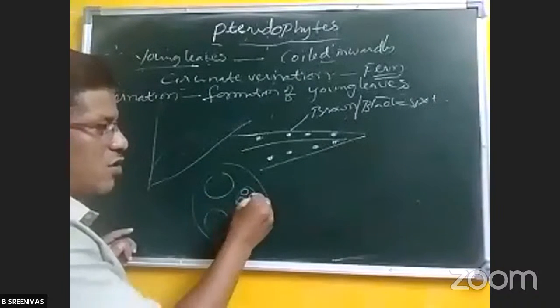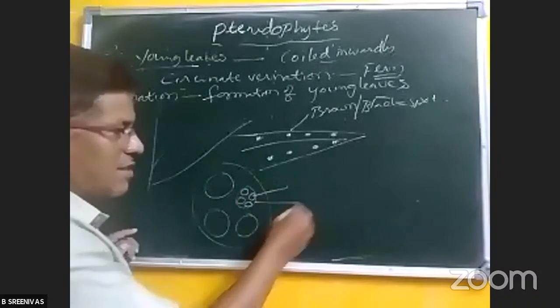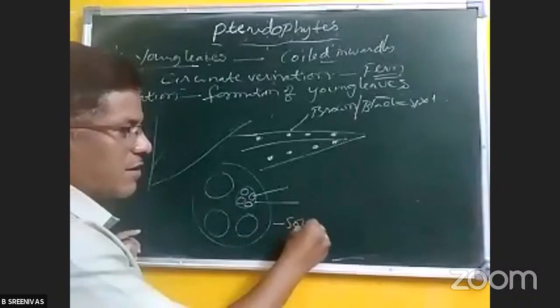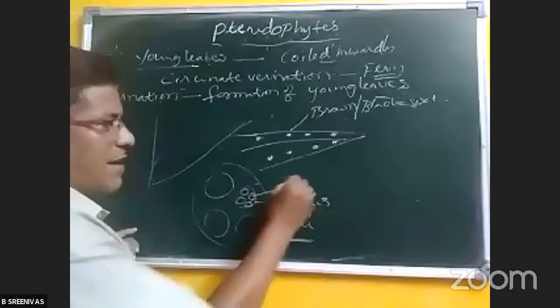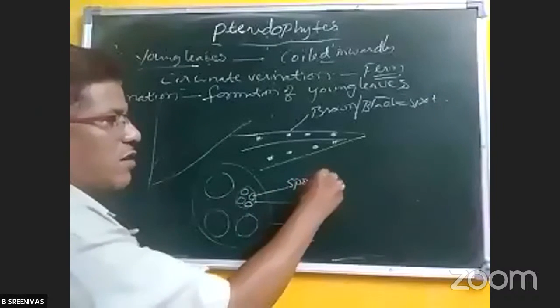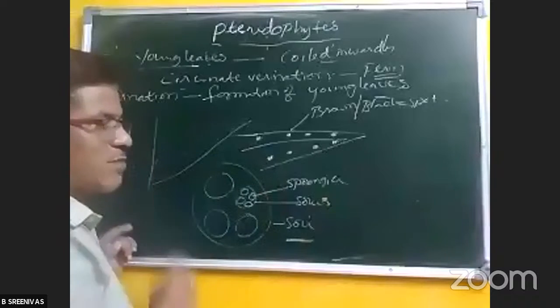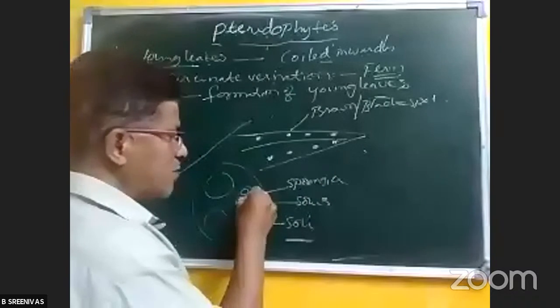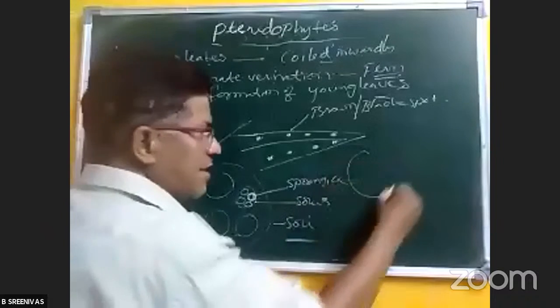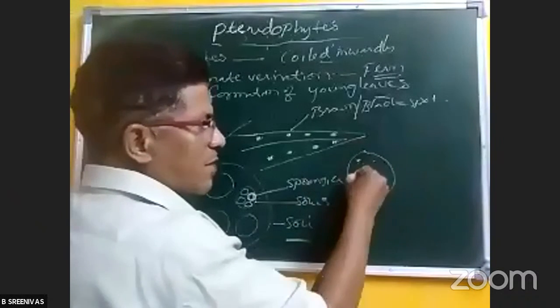Sporangia are present. So sporangia together in a sorus, all together called sori. Did you understand here? Sorus, sori, and sporangia. Inside the sporangium, the spores develop. Now we are taking this one sporangium. Inside the sporangium, spores are present.